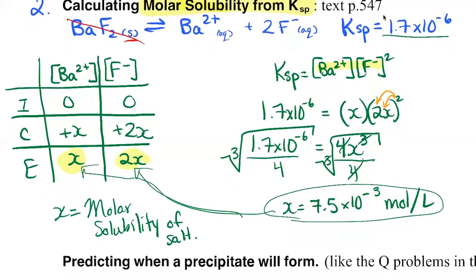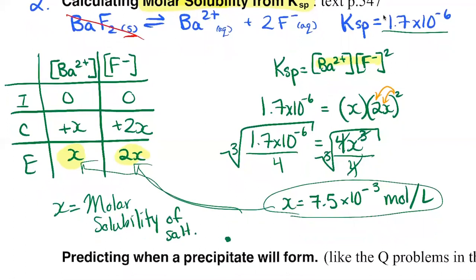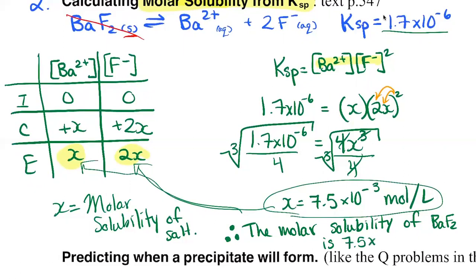So we're going to finish this off with a therefore statement. Therefore, the molar solubility of barium fluoride is 7.5 times 10 to the power of negative 3 moles per liter.